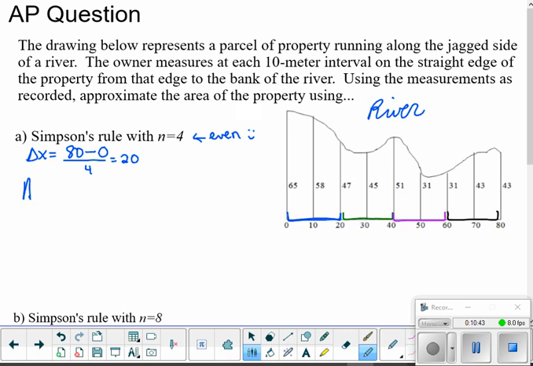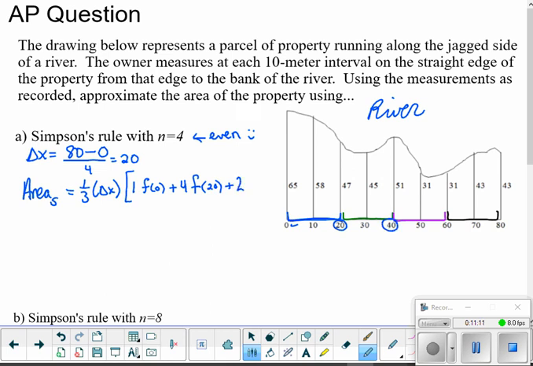And the area using Simpson's, we'll call it area sub S, is going to be 1/3 delta x multiplied by 1 of the first heights. So this would be evaluated at 0. Then I go into a 4 pattern. That would be our next height at 20. And the next one will be calculated at 40.